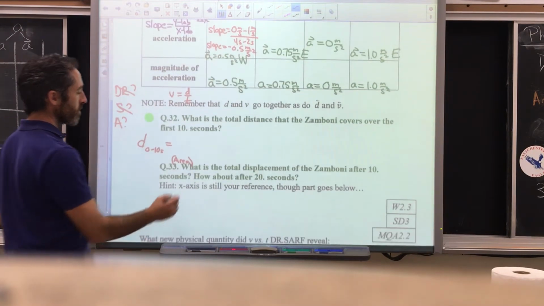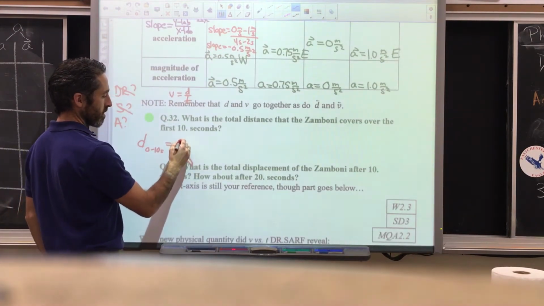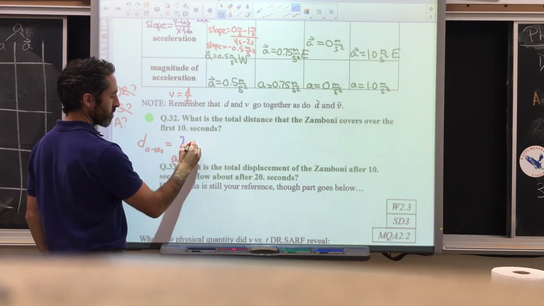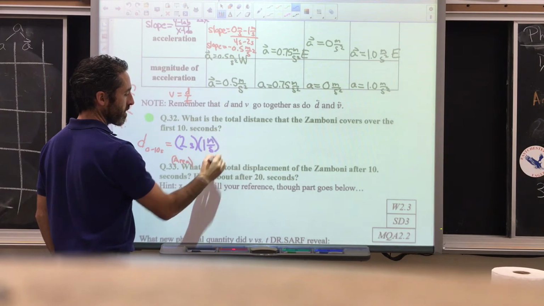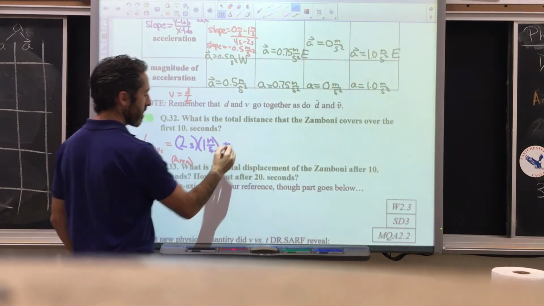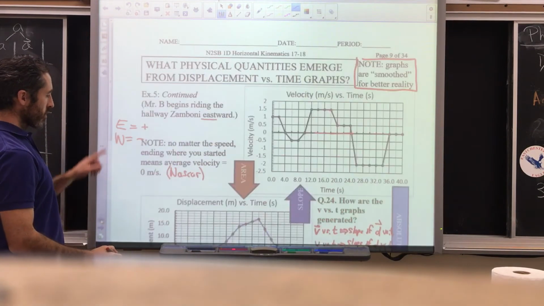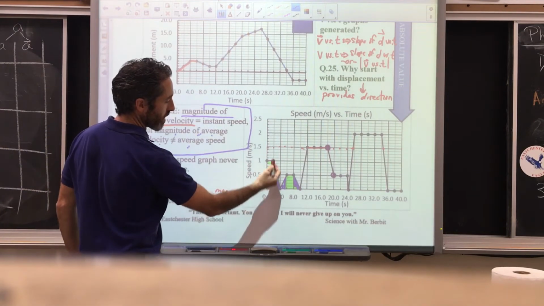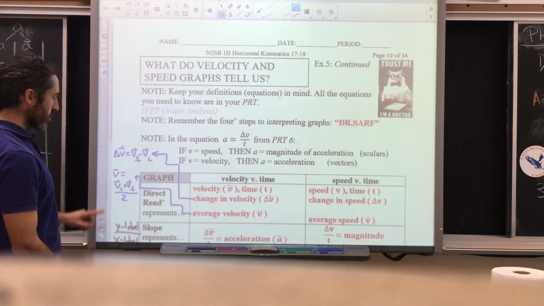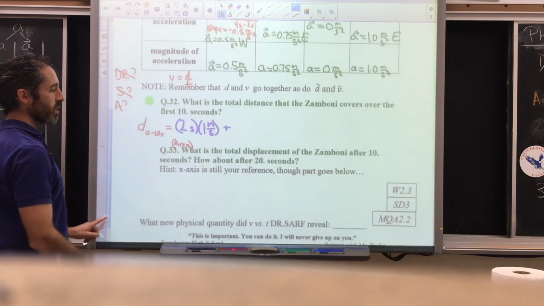So the first part is 2 seconds base times 1 meter per second height. That's the first one. Then we have a triangle. A triangle has a base of 2 and a height of 1. But a triangle is 1/2 base times height.